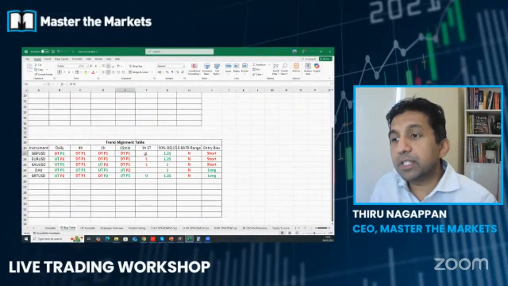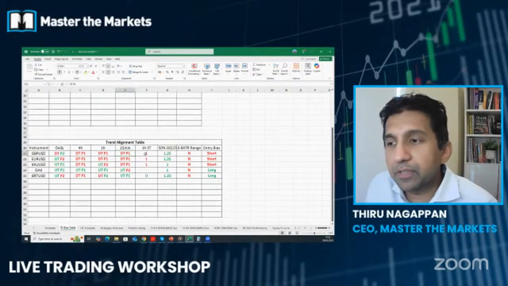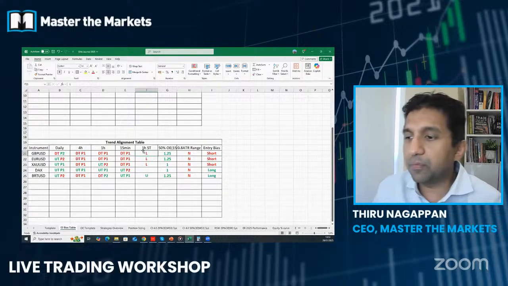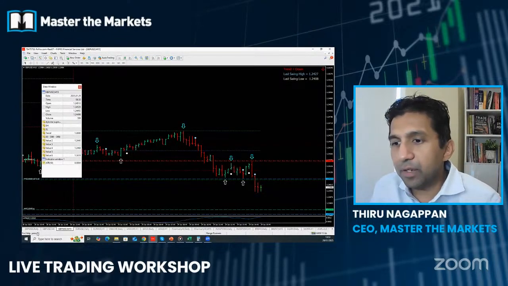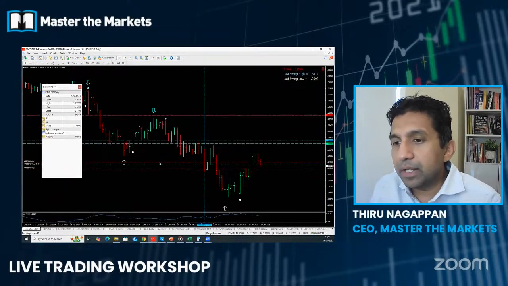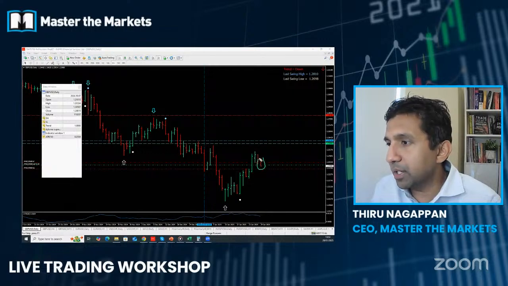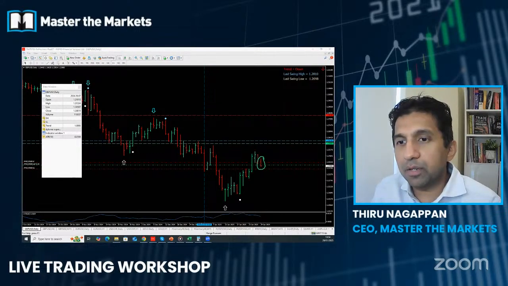Now, a couple more things that we look at, which I've talked about in the previous videos, on the journey of a bar, isn't it? How does the bar actually form on the daily time frame? It's very logical as well. If you take a look on the daily over here, you see this bar that is forming at the moment, this one here. How does it form? What does it need to do? We talked about that in the previous one.